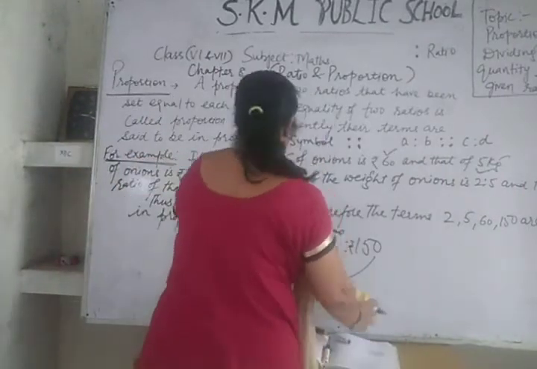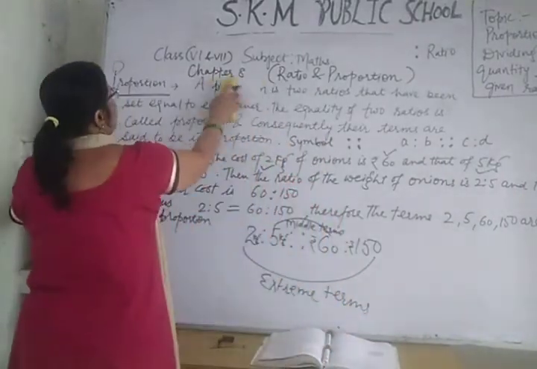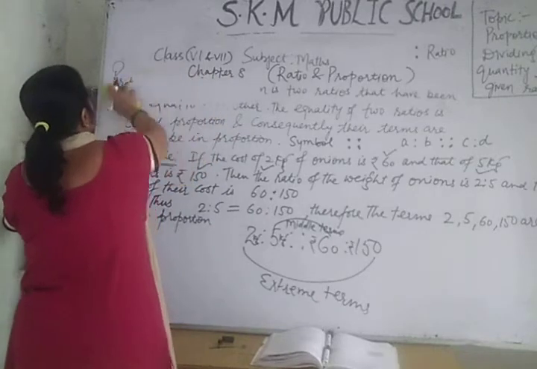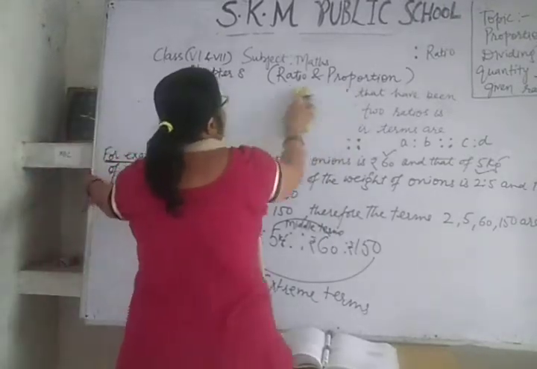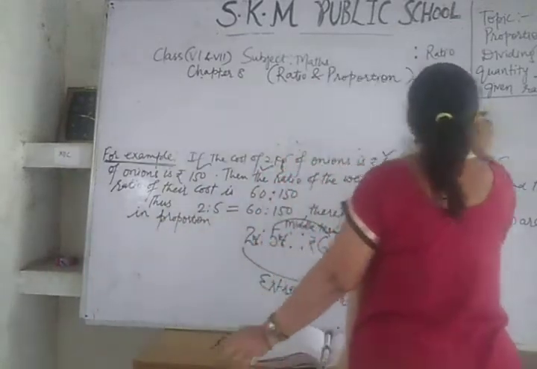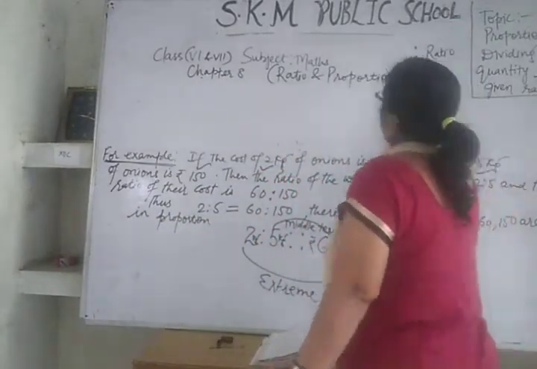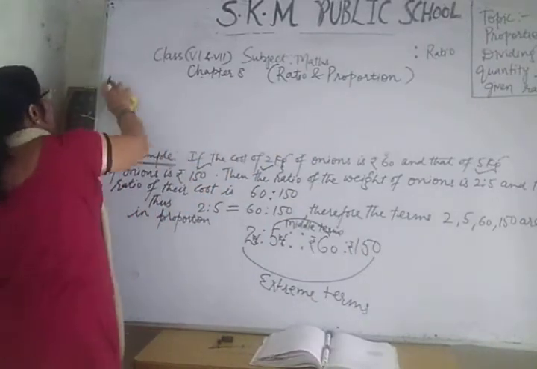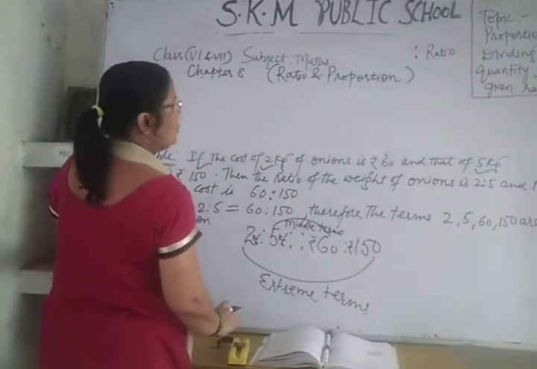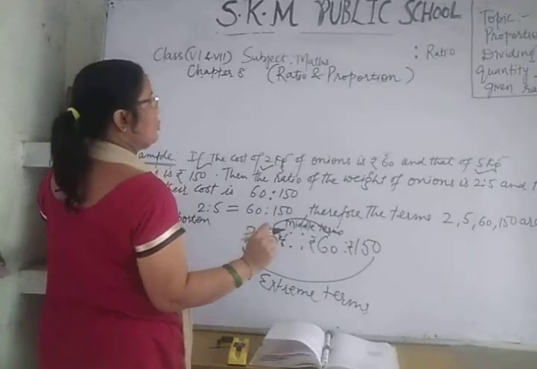Product of extreme terms is always equal to product of middle terms. This is the formula to determine if the given 4 terms are in proportion.